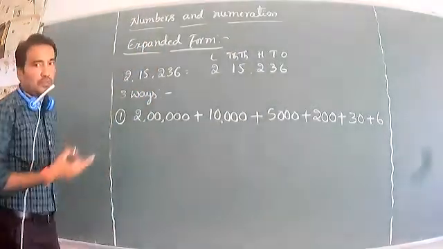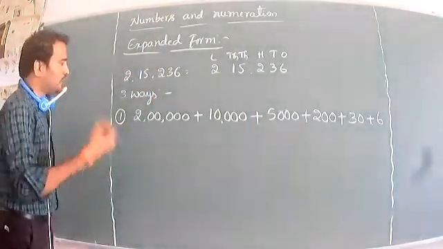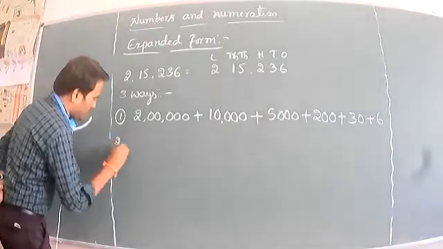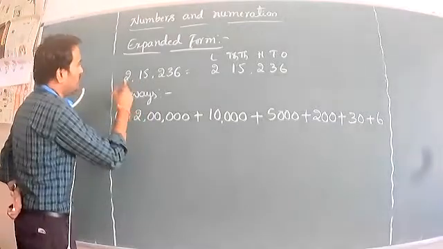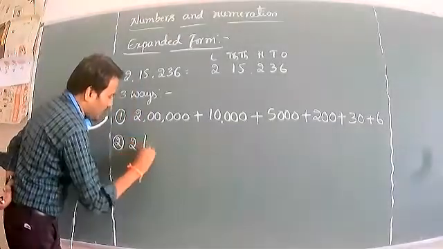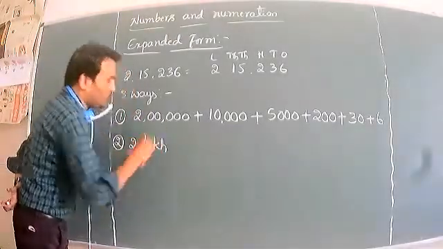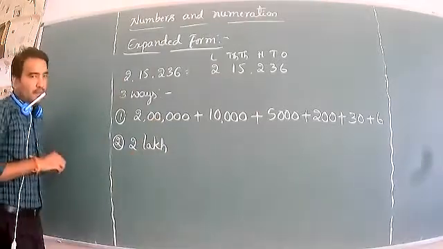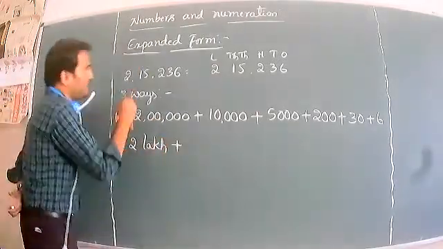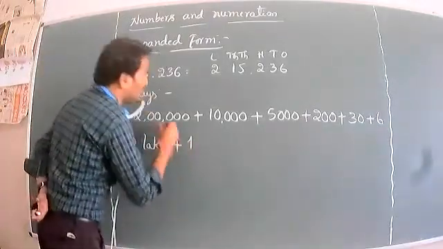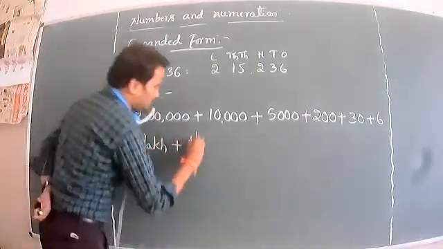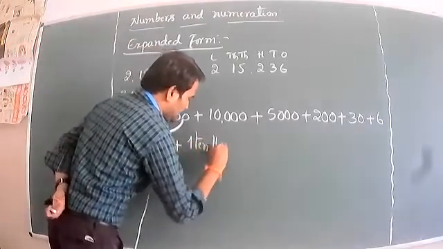Now another way. The second one is to write using the places as a sentence. How much in lakh? 2 lakh, that is a word. Plus 110,000, we should write.